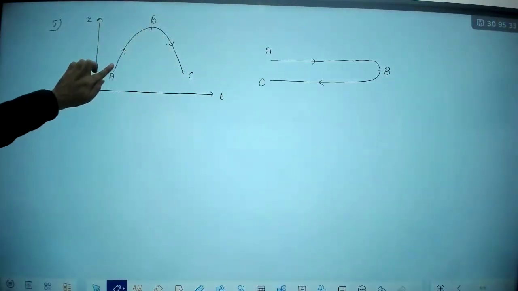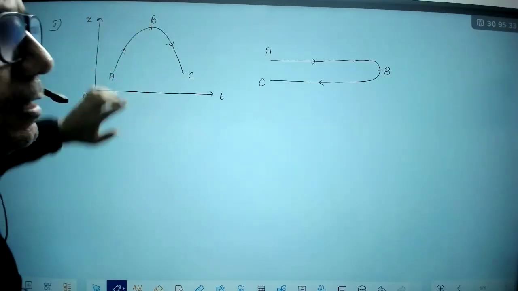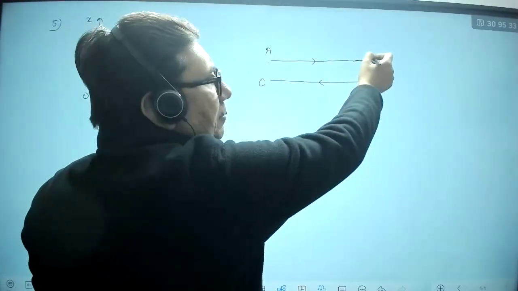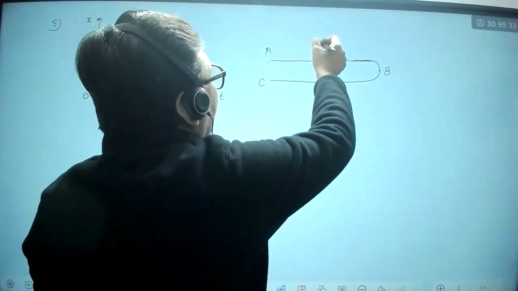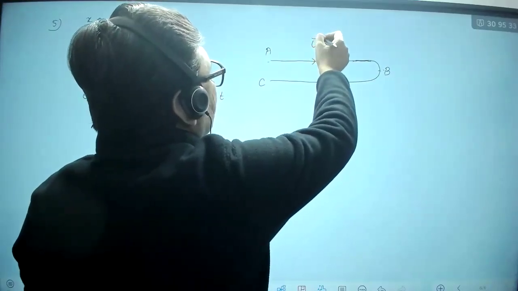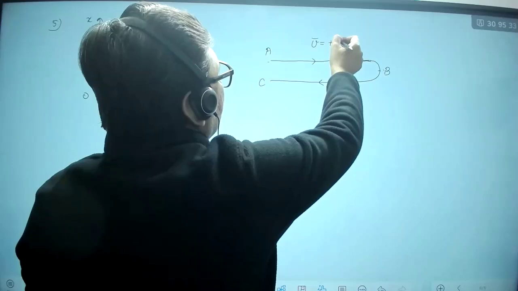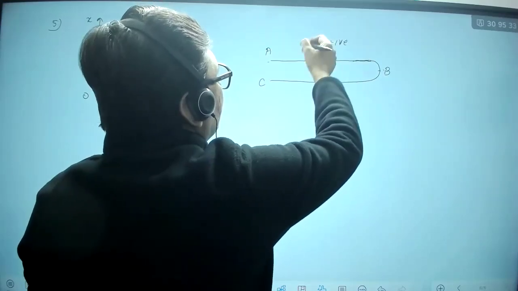First, x is increasing with time. So when x is increasing with time, velocity is positive. How do I draw this conclusion?